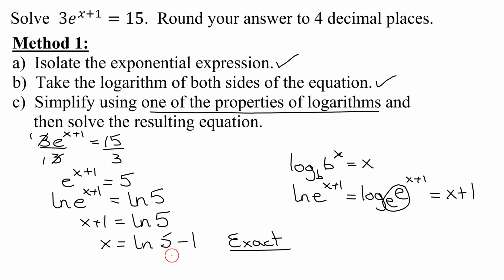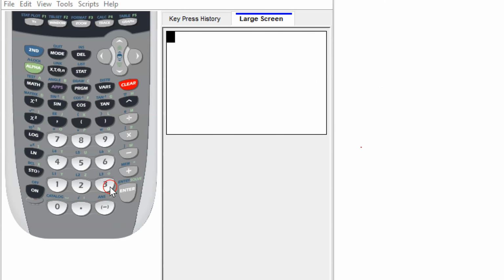And now we need to put our expression into a graphing calculator. So now I need to just find the natural log of 5 and subtract 1 from the answer. So let me go find my calculator. This is a TI-84 Plus. Here's the keyboard, here's the screen. So I needed the natural log.